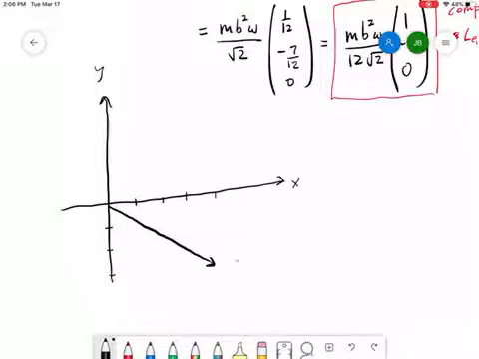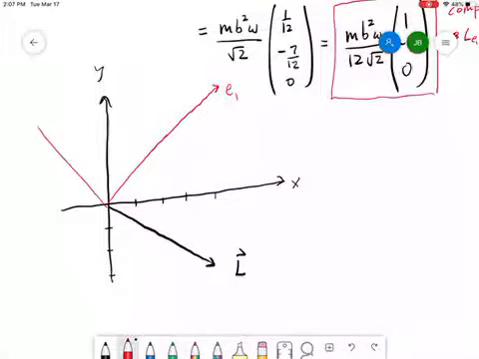So this is our L vector in the xy system. And E1 is along the diagonal, and then E2 is perpendicular to that. The diagonal would be something like this. This is going to be E2, and so I'll extend it backwards this way. Okay, good.